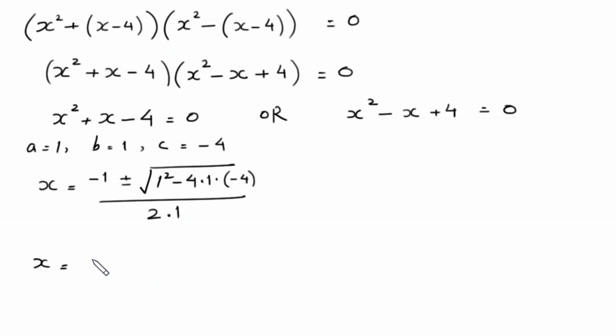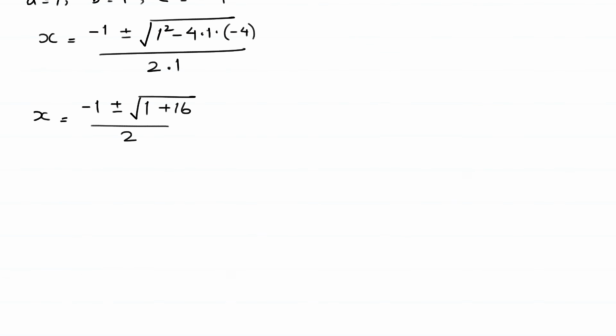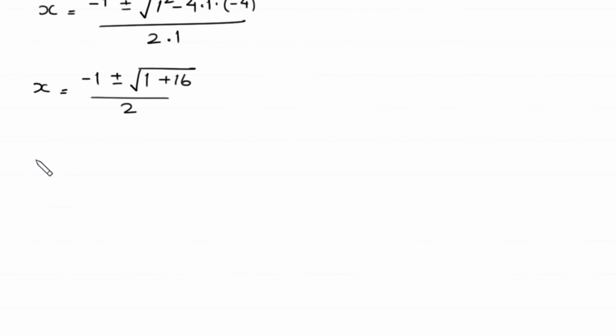x is equal to -1 plus or minus square root of 1 squared is 1 and -4 times 1 times -4 plus 16 divided by 2 times 1 is 2. Next, x is equal to -1 plus or minus square root of 1 plus 16, 17, divided by 2.